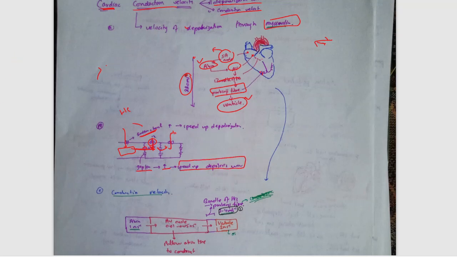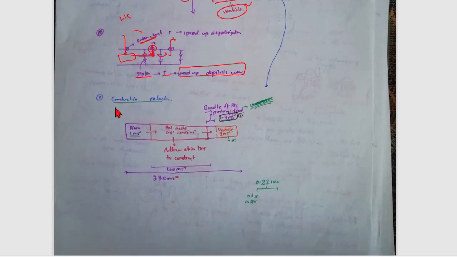Now let's talk about the conduction velocity. In the atria it is about 1 millisecond, and in the AV node it is 0.01 to 0.05 milliseconds, which allows the atria time to contract. First of all, the atria take 1 millisecond to contract.